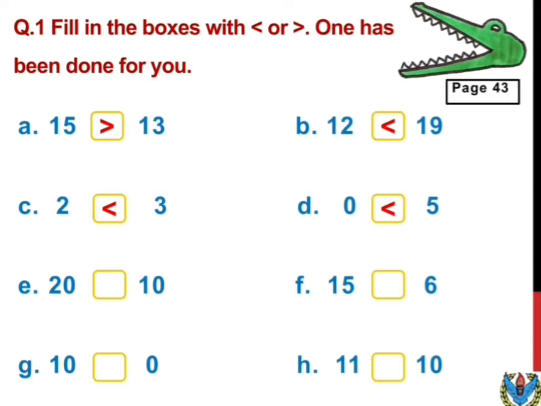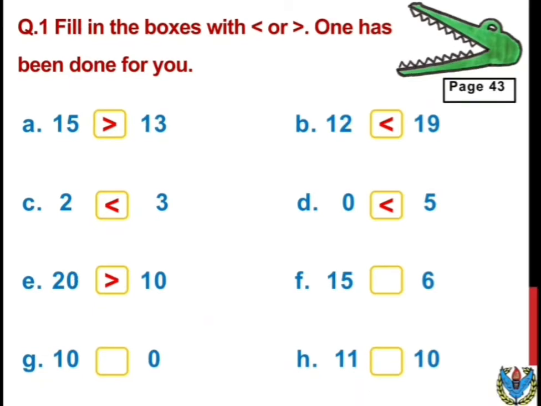Now look at part E. We have two numbers 20 and 10, where 20 belongs to 20's column and 10 belongs to 10's column. So we know that the number that belongs to 20's column will be bigger than the number that belongs to 10's column. So 20 will be greater than 10.